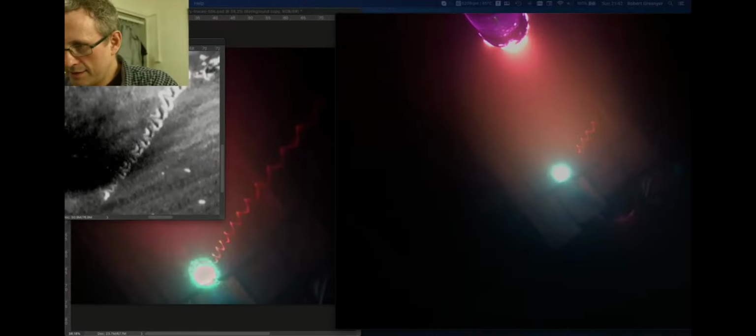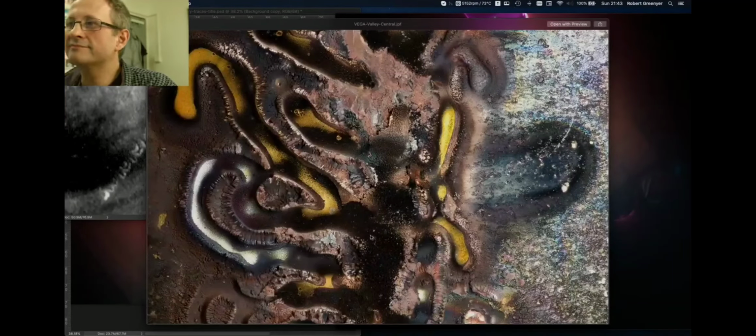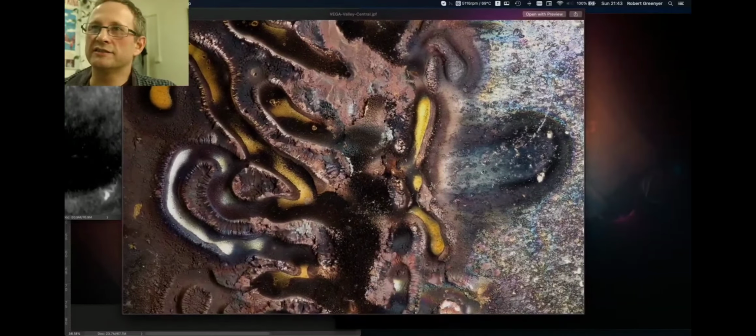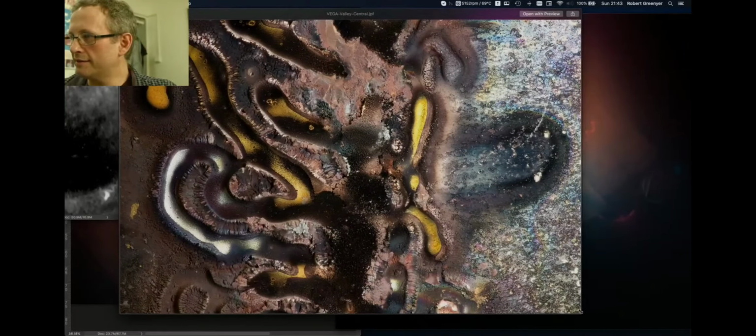And it is here. Let me find it. Is it here? Yes. Here. This is a stack shot, and I'm working on improving the stack shot.